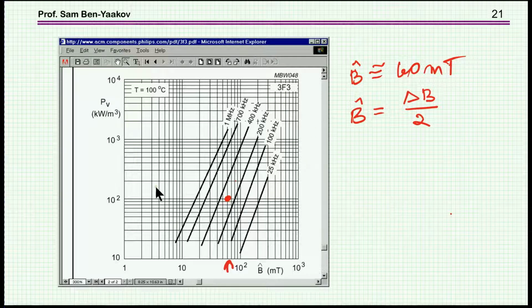Since I've decided on 100 milliwatt per centimeter cube, and I'm working at 300 kilohertz, that brings this B hat, or delta B over 2, to be 60 millitesla. This is what I have to observe if I want to keep the 100 milliwatt per centimeter cube.